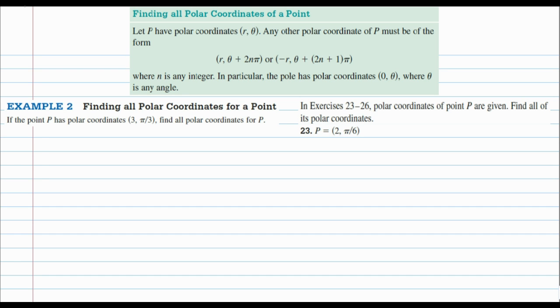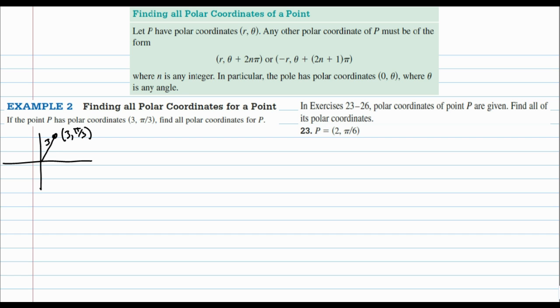So for example, the point (3, pi over 3), so r is 3, theta is pi over 3, occurs in quadrant 1 a distance of 3 from the origin at the terminal ray pi over 3.